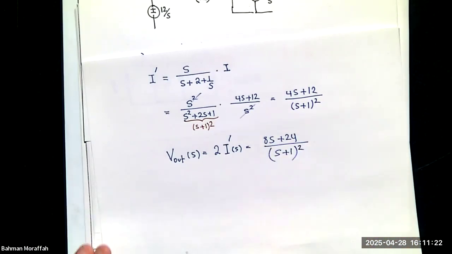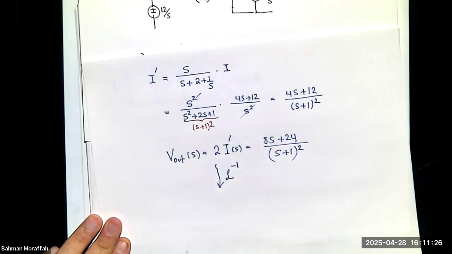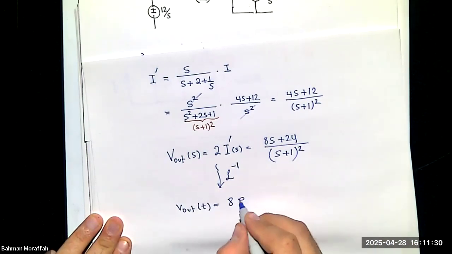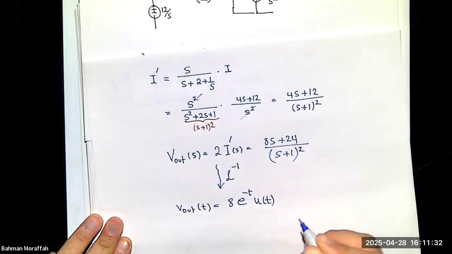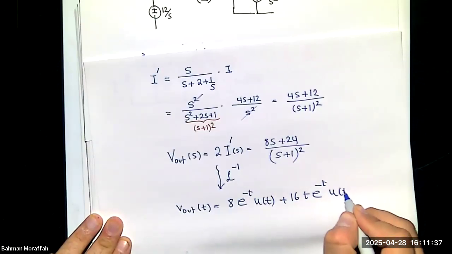Right? Which again, we can look at the Laplace inverse, and we can get V out of t to be 8 times e to the power of minus t u(t) plus 16 t e to the power of minus t u(t).